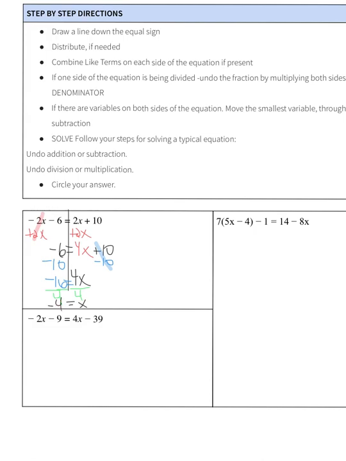So my answer is negative 4 is equal to x. Okay, please make sure that you have copied all of this into your notes.